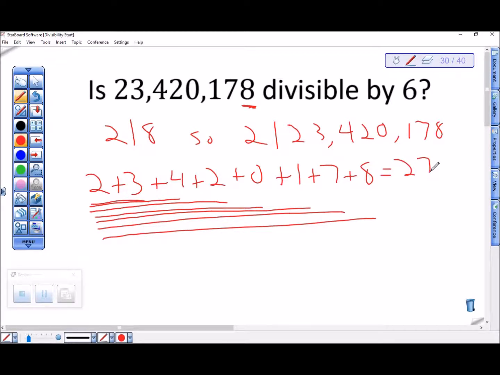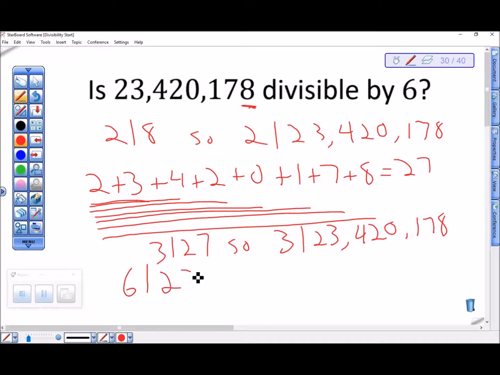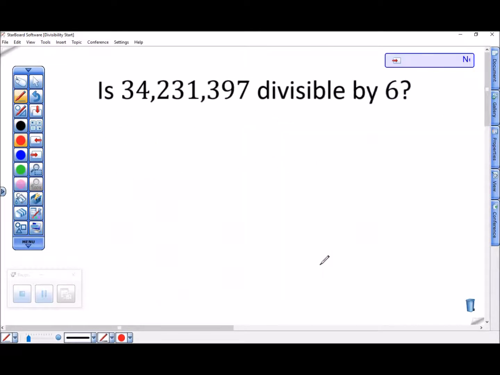So since 3 divides 27, 3 divides 23,420,178. And since 2 divides it and 3 divides it, 6 divides 23,420,178. So since both 2 and 3 divide this number, so does 6. Let's check our next one.